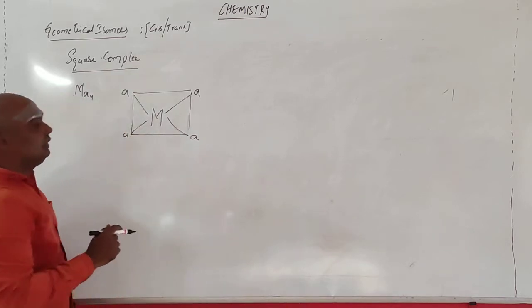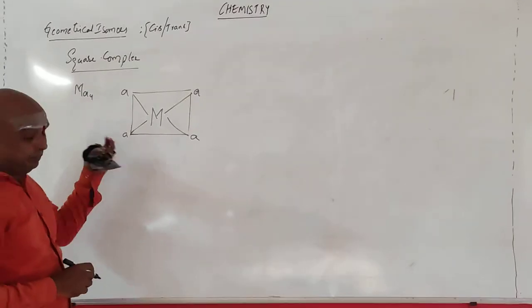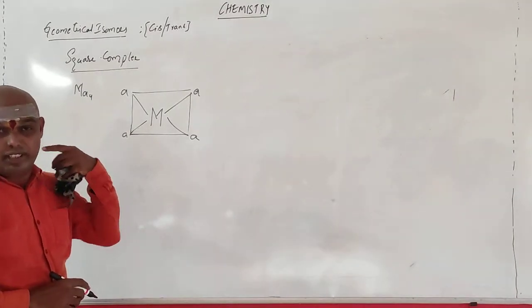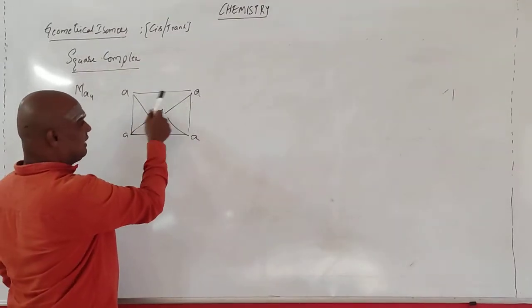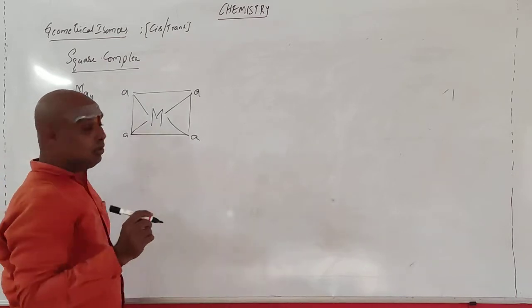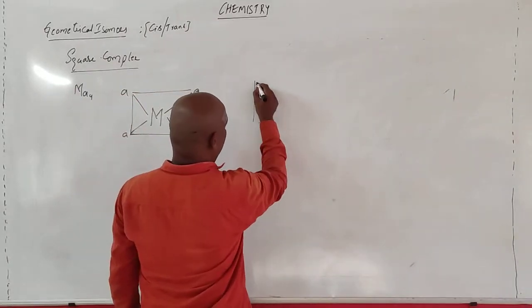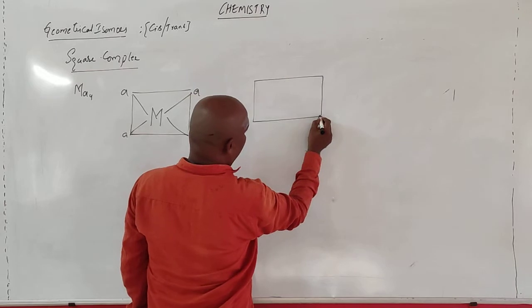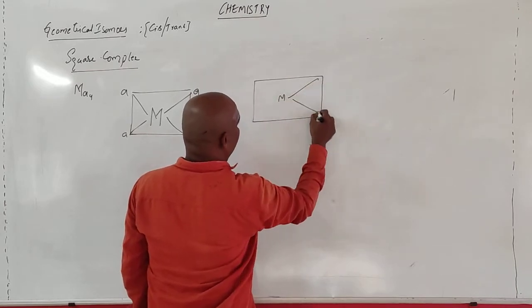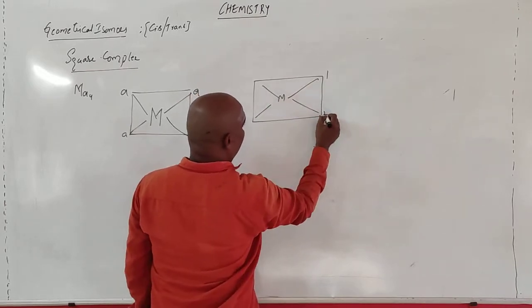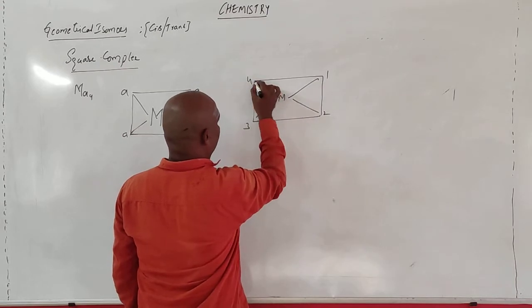MA4 complex. Now see whether cis exists. If any element is present here, like M, we are having 1, 2, 3, 4.